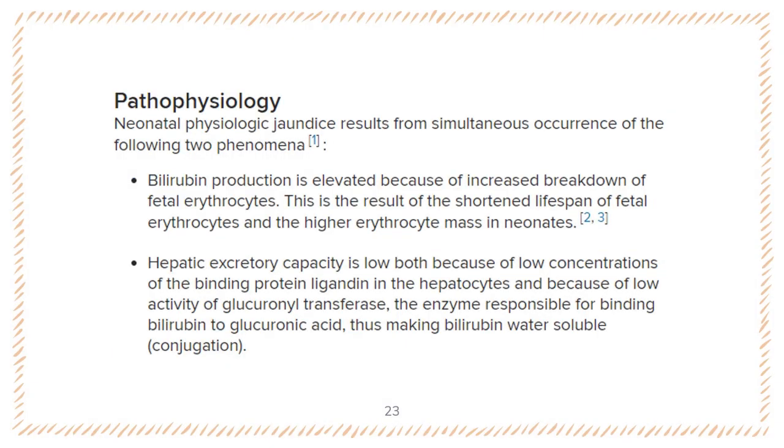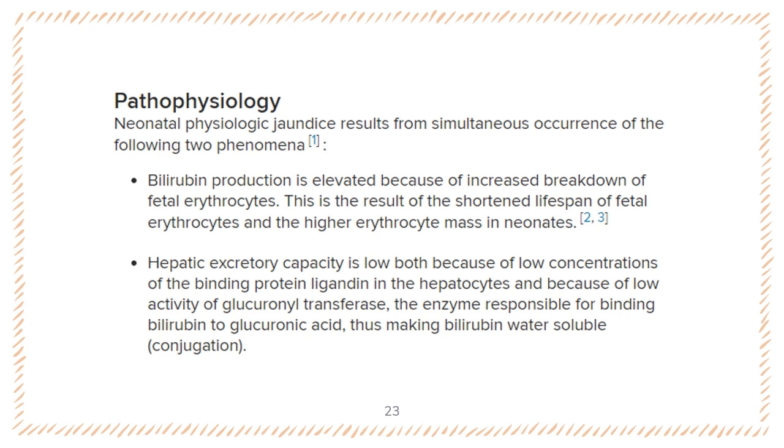Now, as we mentioned, there are other pathophysiologies as well. The main one, or one of the key ones, is what we have mentioned regarding an immature neonatal liver. We have another point as well, which is that bilirubin production is elevated at that stage of life, because the neonate has a much higher hemoglobin as compared to an adult or an older child.